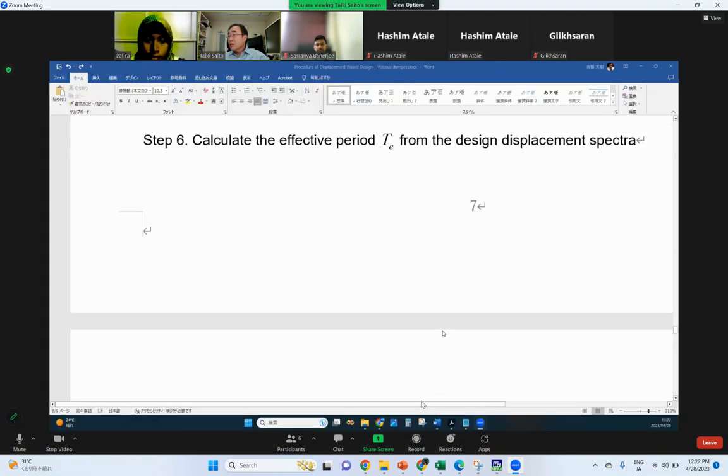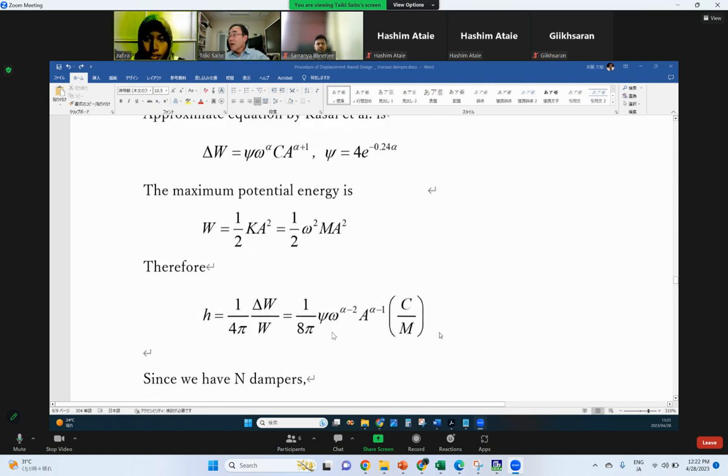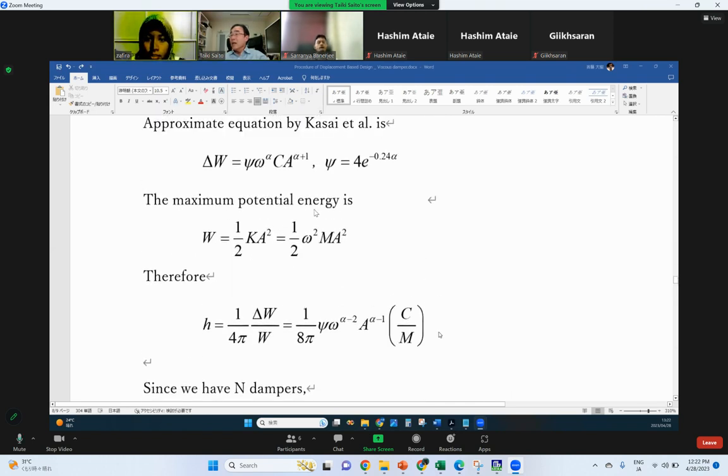Sensei, in the formula for the W, there's A. Is that the area under the graph? Your question is about this one, the maximum potential energy W. They have A. Is A the area under the graph?